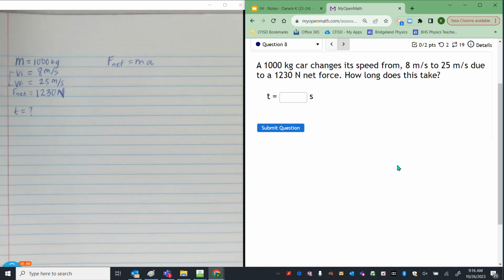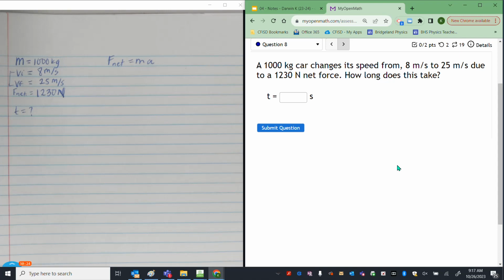And that's almost always where you're going to start, because like I said previously, you're either going to start with the force equations to get acceleration so that you can use it in the kinematic equations, or you're going to start with the kinematic equations to get acceleration so you can solve for something in the force equations. So because acceleration is the variable that kind of ties these two units together, it's typically what you're solving for first.